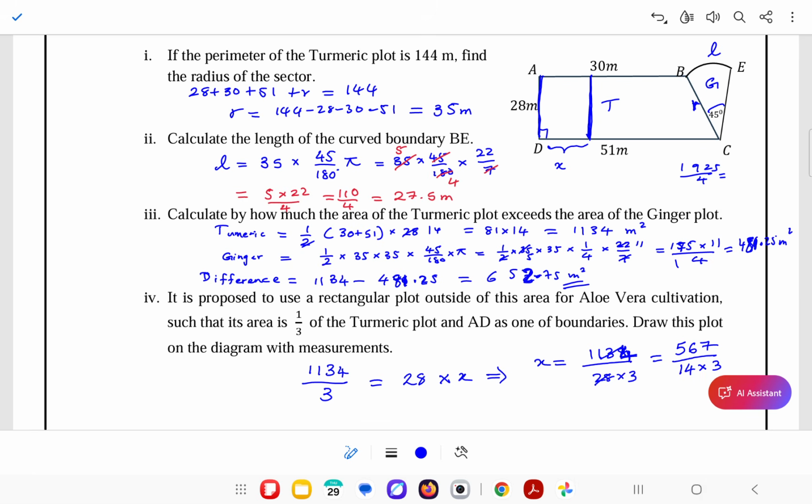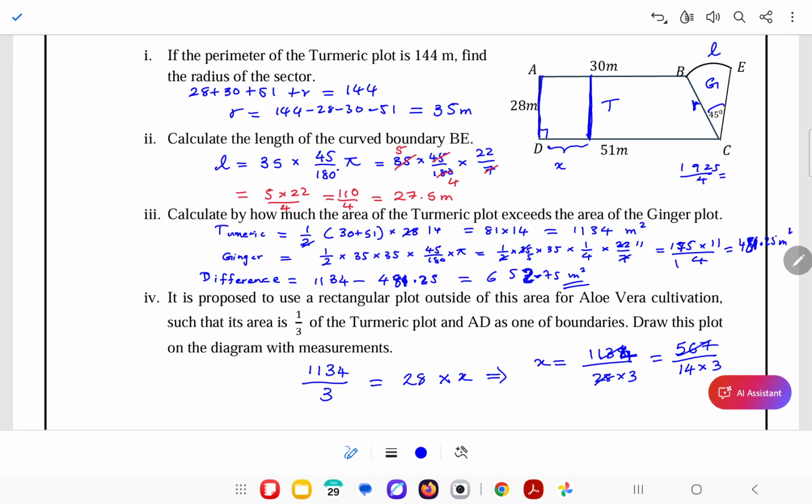Then can we divide by 3? 567, you can divide, no? 189, yes.